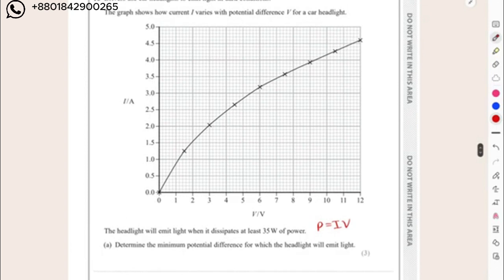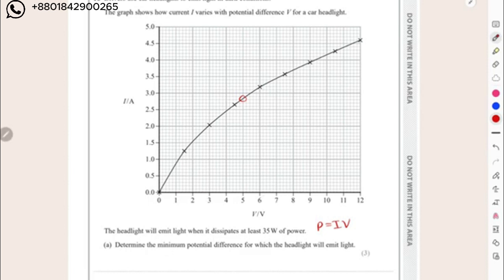So as you can see, your voltage values span from 0 to 12. If you take maybe 5, the 5 over here only reaches up to almost 2.7. So 5 multiplied with 2.7 only gives you 13.5. That would not be the possible answer.